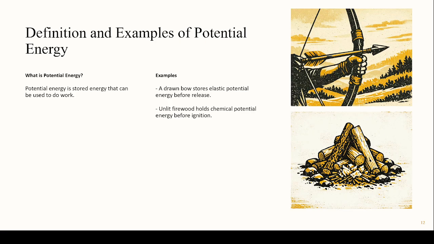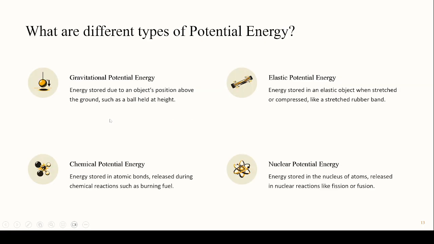Heat energy is because of the motion of particles, so heat energy specifically is kinetic energy, but this wood has a potential energy, okay, which can be transformed into various other forms. Cool. So, in short, potential energy is the stored energy that can be used to do work. Now, what are the different types of potential energy?